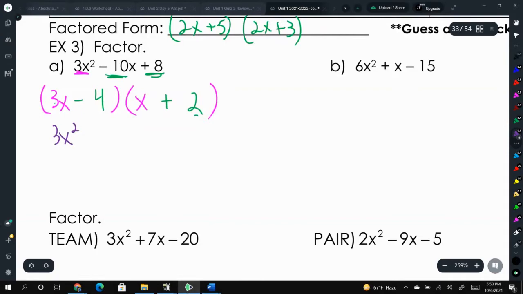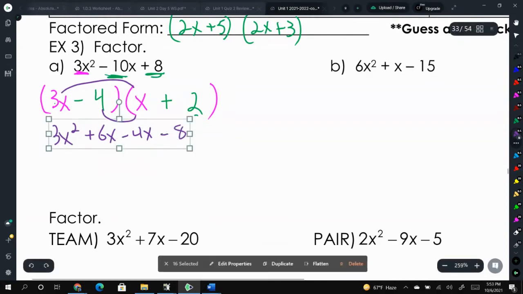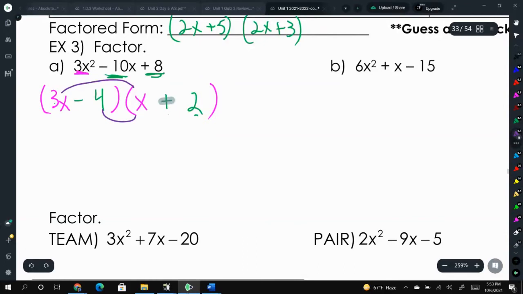If we were to FOIL this, 3x squared plus 6x minus 4x minus 8. Okay, so that doesn't work. Got to erase that. I need to change this to a minus sign, because I've got to get two numbers that multiply to negative 8.